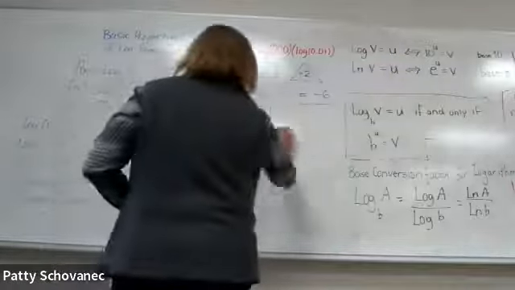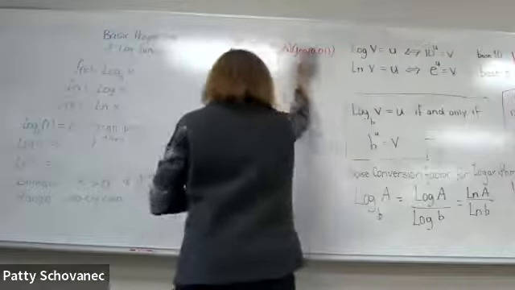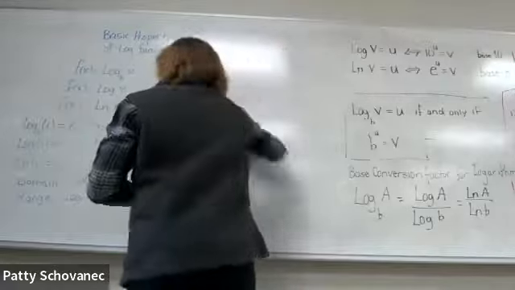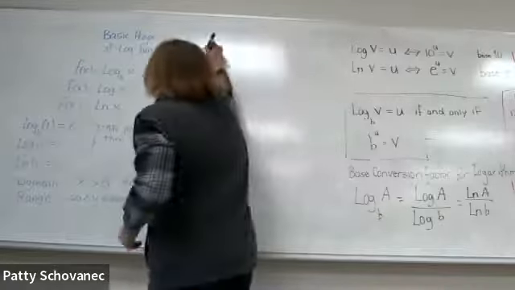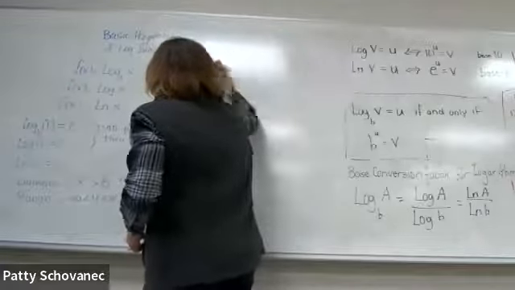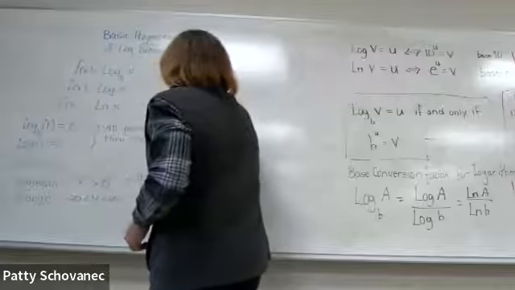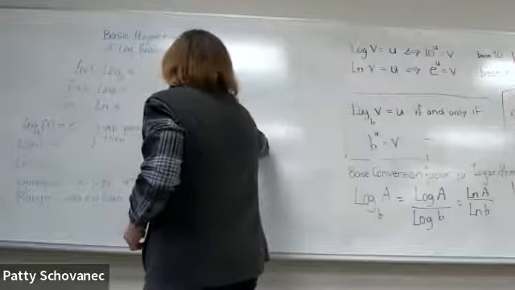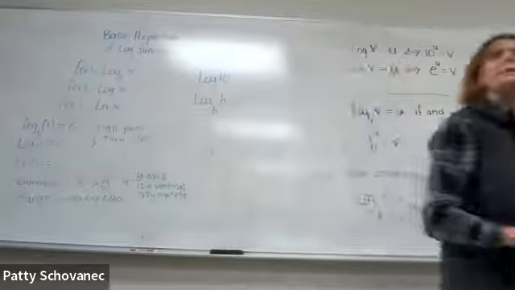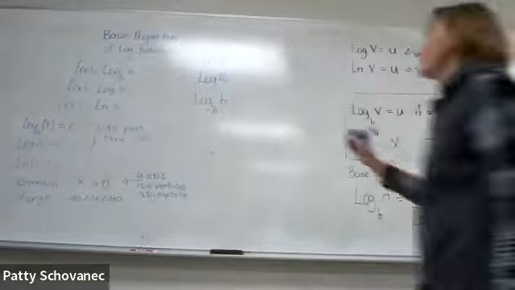I'll write down the inverse properties in this way. Let's see if you recognize them. The natural log of e and the logarithm of 10 and the log base b of whatever b is all have the same value. Do you know what that value is? Those all have a value of 1.